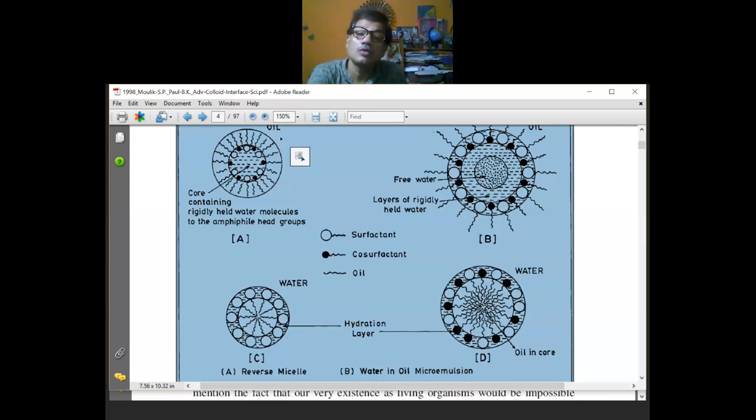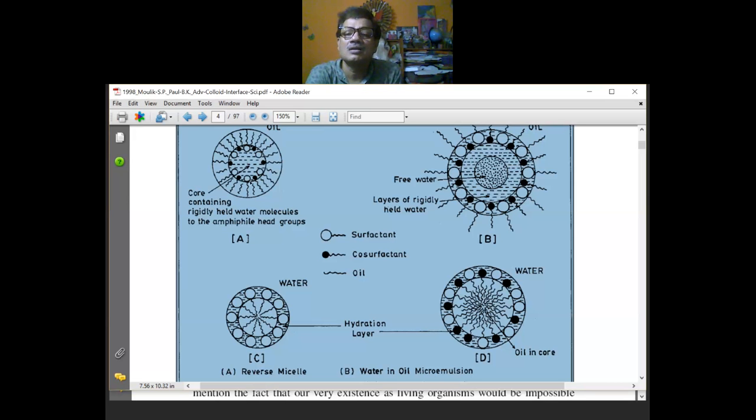As I told you, if I take single-tailed surfactants, sometimes they cannot give complete coverage. They cannot make a complete protecting monolayer that would separate the water and oil.